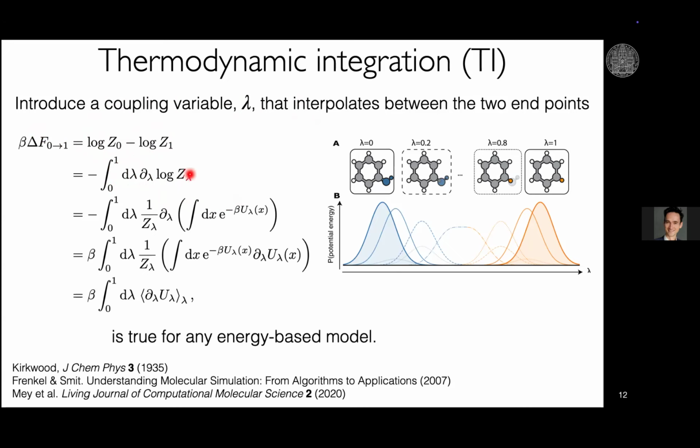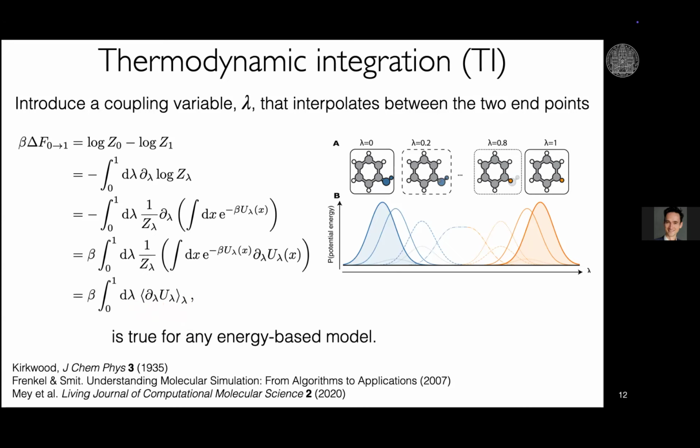Now, if you plug in the Boltzmann distribution for this, then with simple algebra you get this expression here, which is that the free energy difference is the integral over the coupling variable, so this path that we're taking, of this particular ensemble average, which is the derivative of my energy function with respect to the coupling variable, sampled at the particular value of that coupling variable, right?